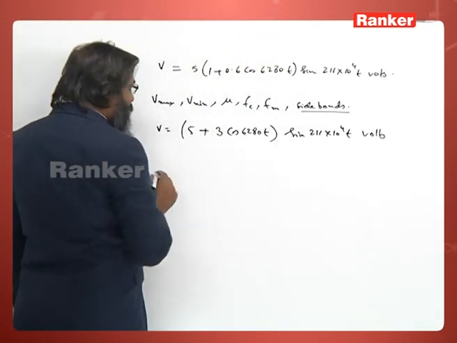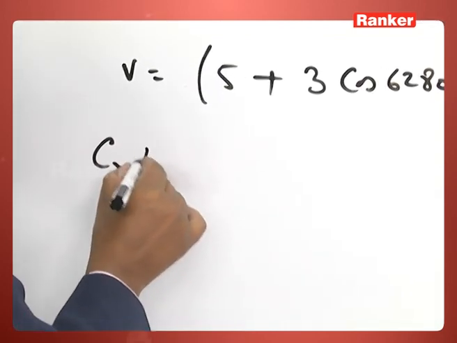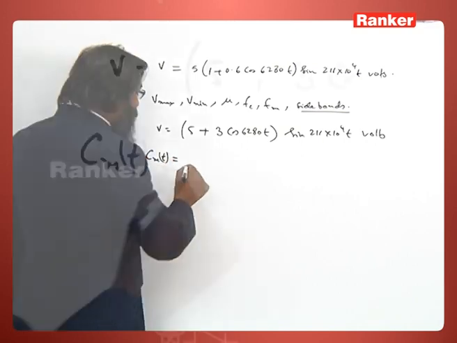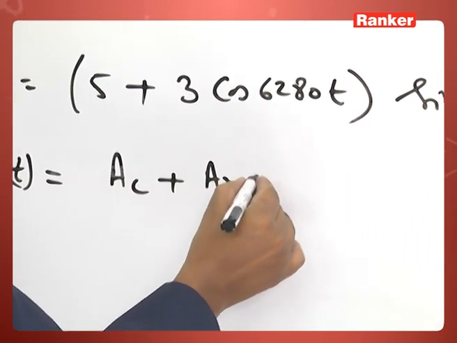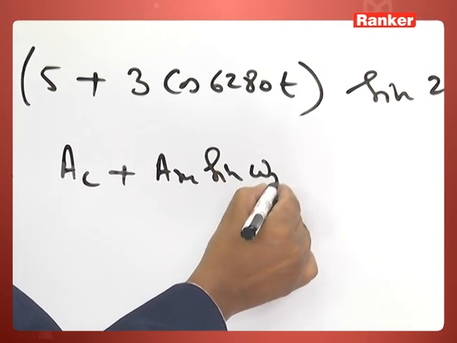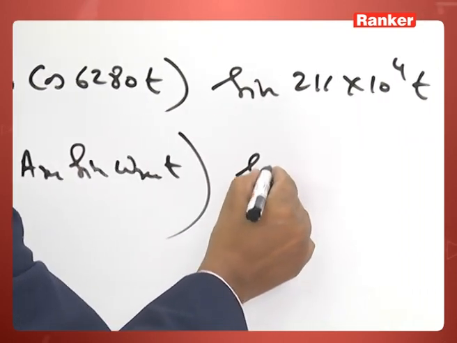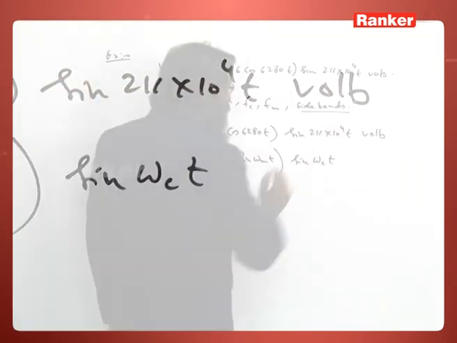Now the general terminology we used in our standard format for the modulated carrier wave: I denoted this by AC plus AM sine omega m t, times sine omega carrier t. We can take sine or cos, they are the same thing.